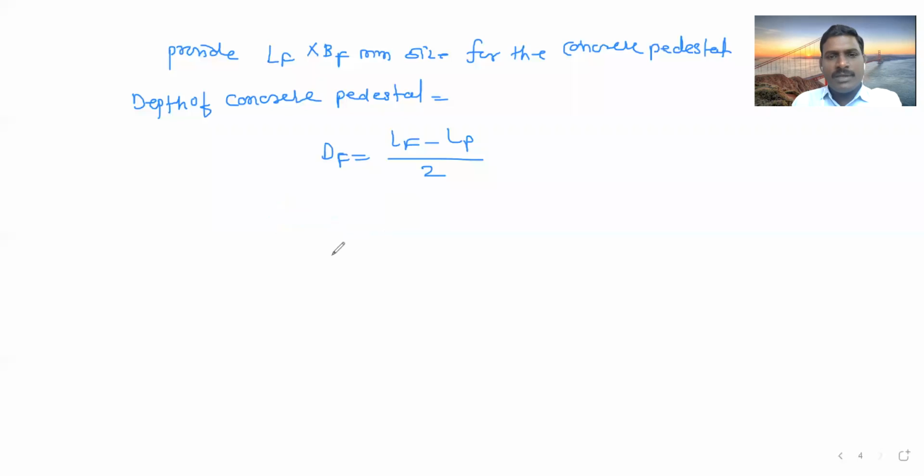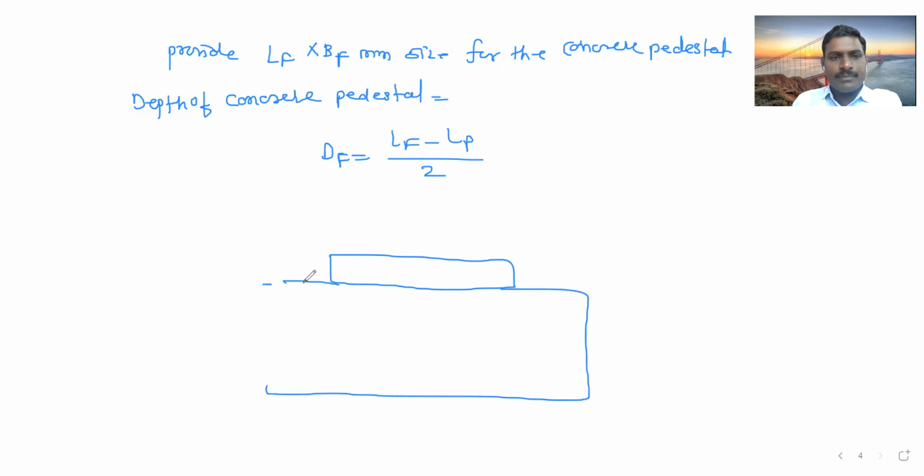So if this is your plate and this is your foundation, this is LP, correct? This is LF. The pressure distribution through the depth is like this, at 45 degrees.